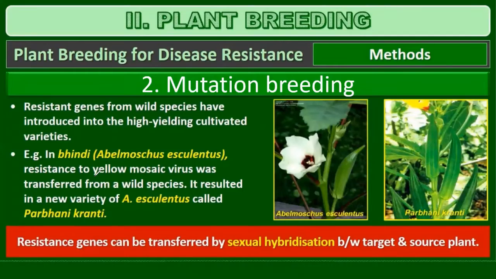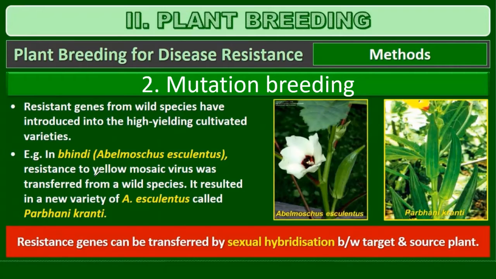In mutation breeding, resistance genes from wild species have been introduced into high-yielding cultivated varieties. One example is given of bhindi. The wild type shows resistance to yellow mosaic virus.